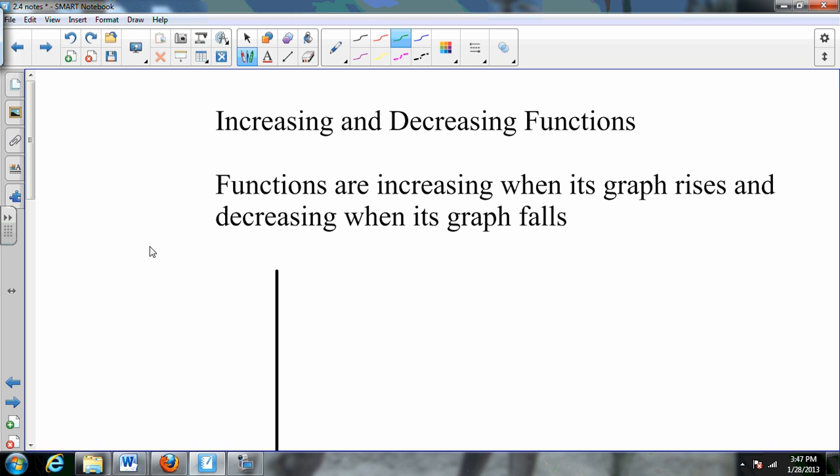Okay, increasing and decreasing functions. Functions are increasing when the graph rises from left to right and decreasing when it's falling.